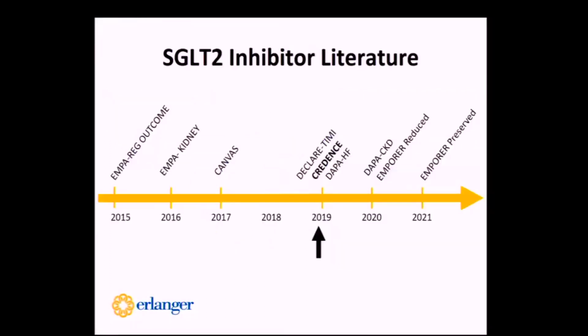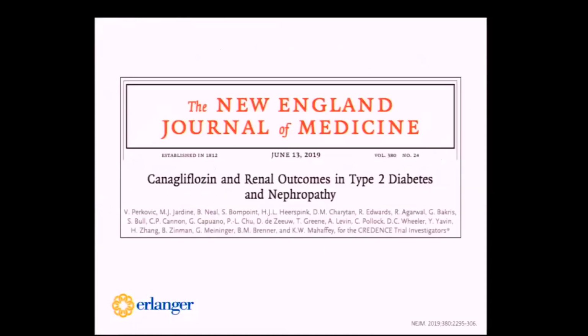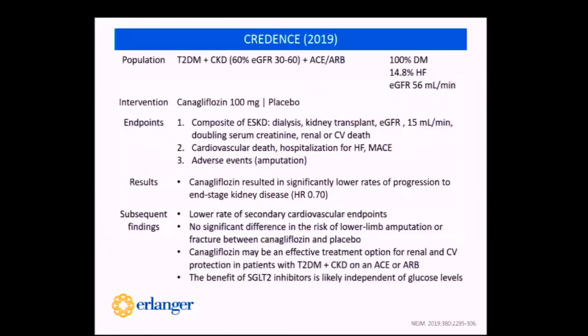So as we look back at the timeline in 2019, the CREDENCE trial also came out. This was the canagliflozin and renal outcomes in type 2 diabetes and nephropathy trial in New England Journal of Medicine.